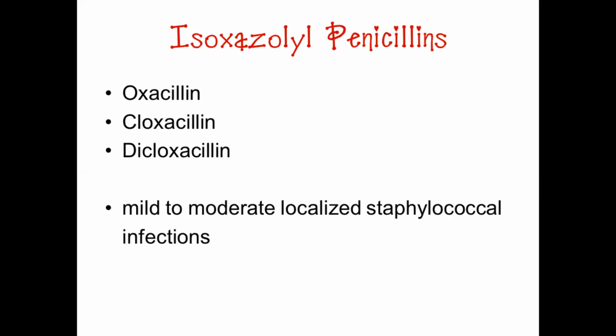On the other hand, meron tayong isoxazolyl penicillins. So they are oxacillin, cloxacillin, and dicloxacillin. They are used for mild to moderate localized staphylococcal infections. So for example, yung mga pigsa, no? Yung mga skin lesions, may mga nana, ganyan, na mukhang staphylococcal infection.